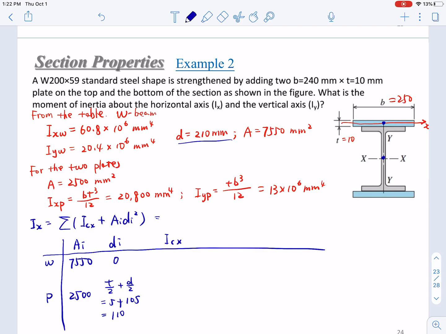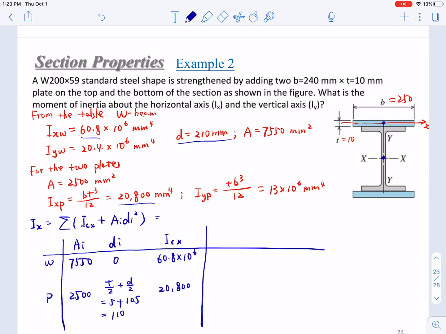Then the ICX, these have been determined. For the W, this will be 60.8 million. And for the plate, here is 20,800. Then we can calculate that.